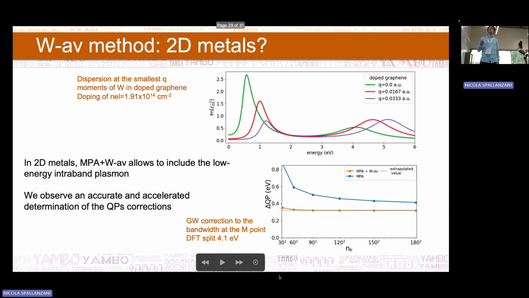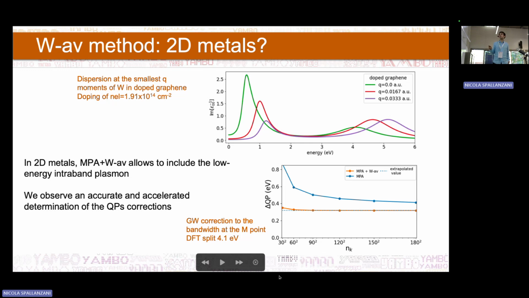And I use this method even in the case of 2D metals. For 2D metals, the problem is worse because in this case, as I showed you before, we have two plasmon peaks. One is associated to intraband transitions, and the other is associated to interband transitions. The one associated to intraband transitions is at small energy, and as you increase the transfer momentum, it vanishes.